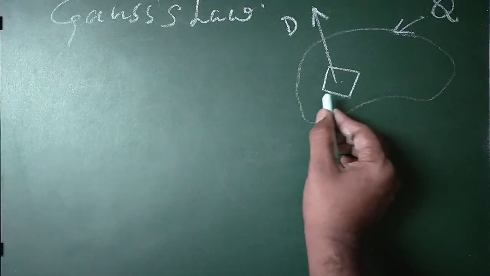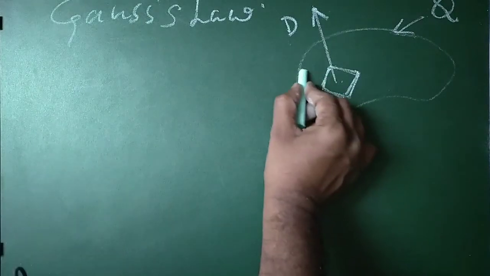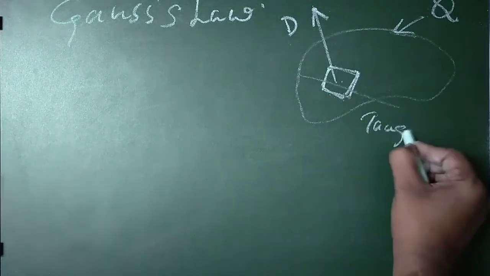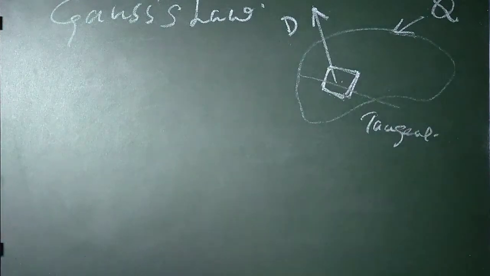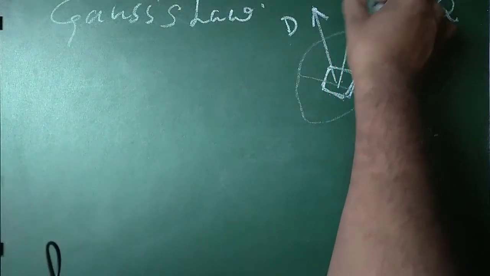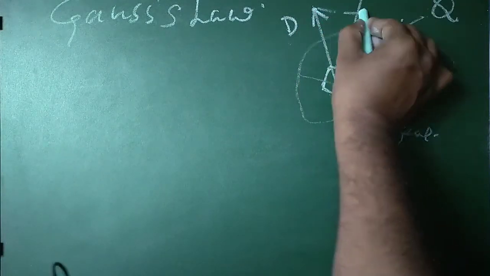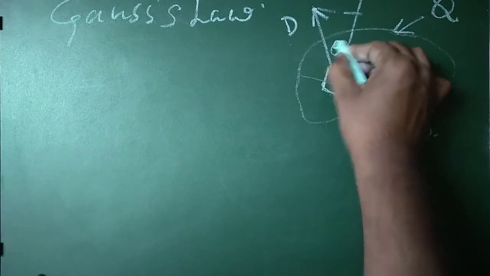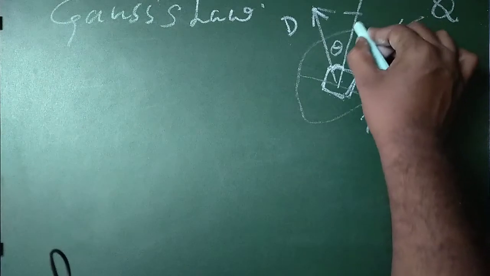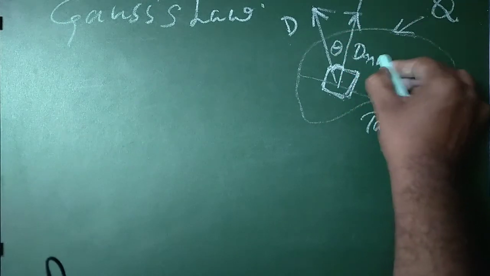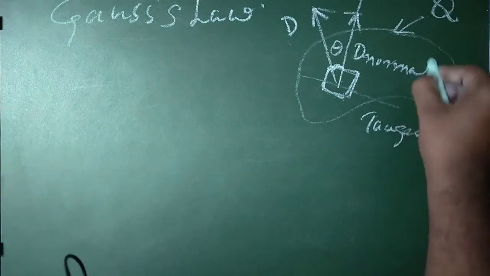Now, finding the normal flux density vector, drawing a tangent to this. So tangent, then when you consider this is theta, then this is D normal.